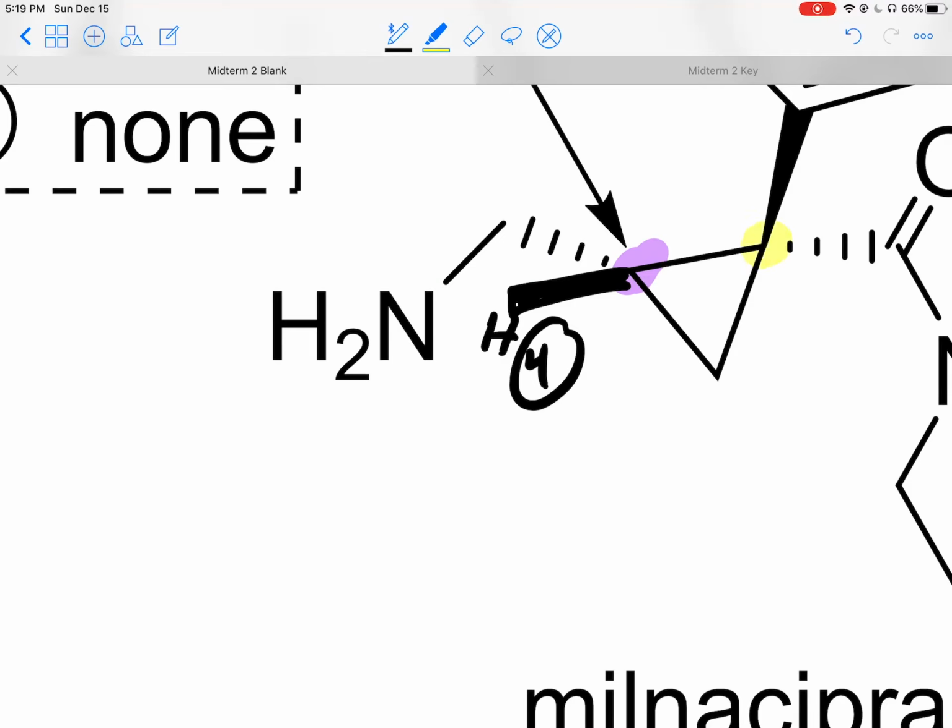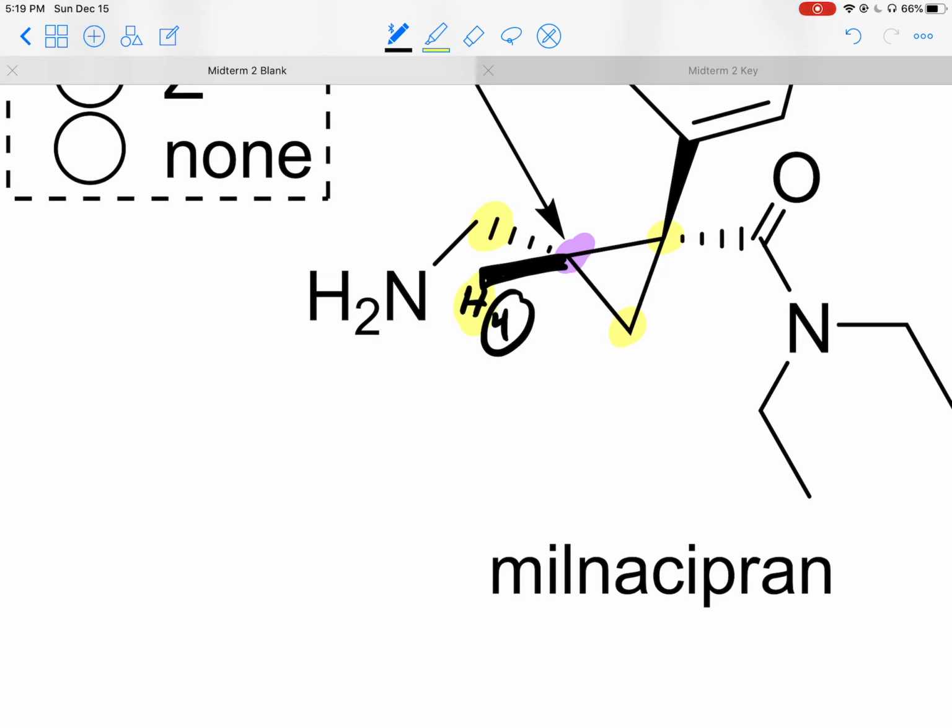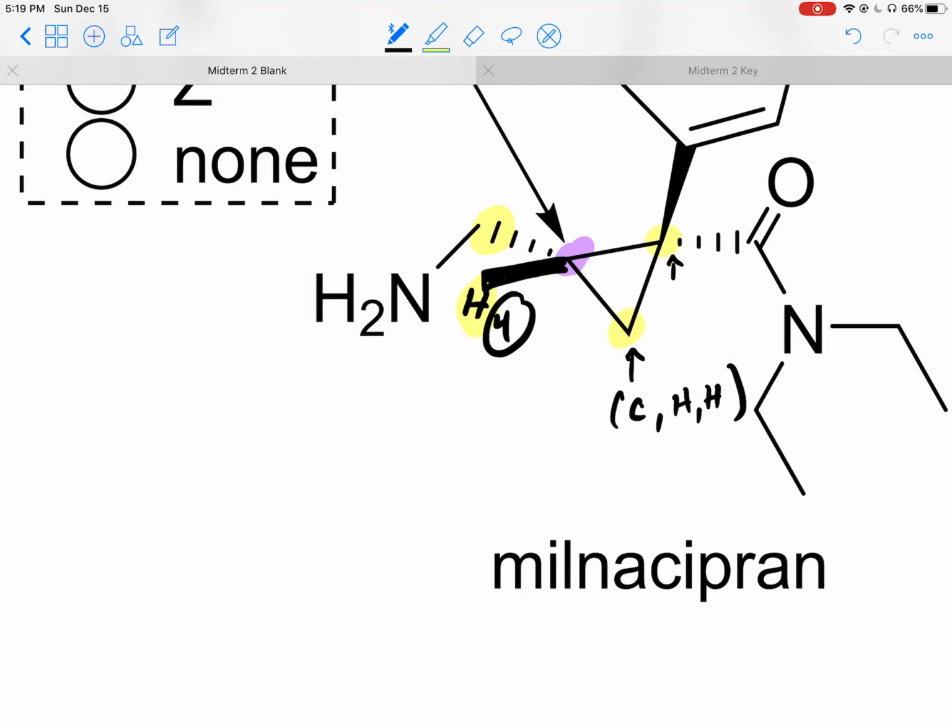It's attached to this carbon, that hydrogen that we already claimed is the fourth priority, and that carbon. So let's say what each of these are attached to. This yellow one right here is attached to the carbon here, and then two hydrogens that are implied. I'm not counting the purple carbon.